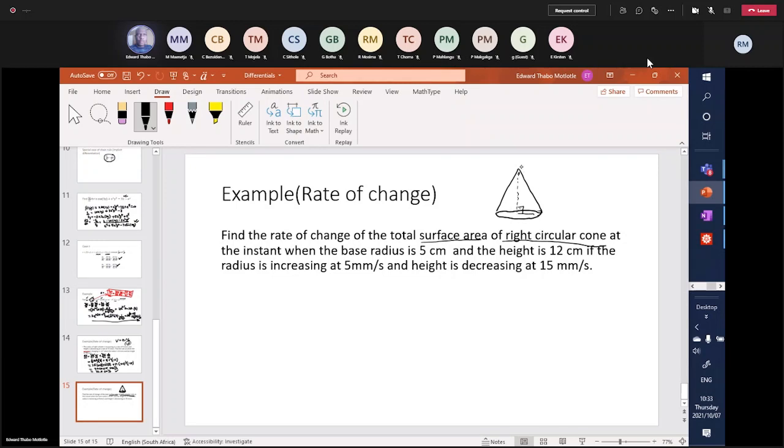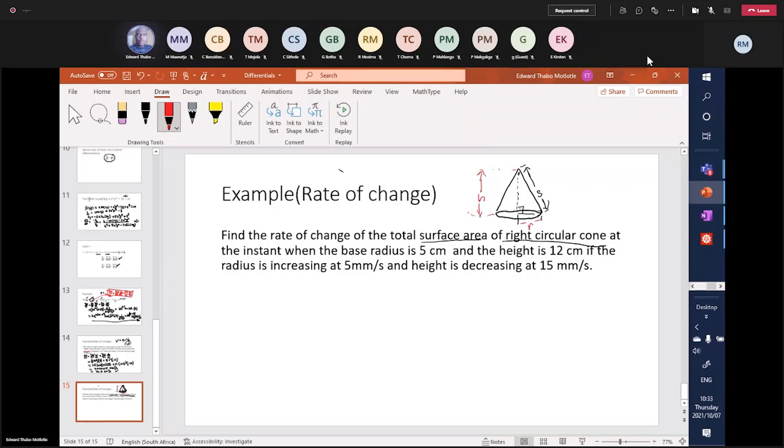Here we can call this guy S. From this point to this point will be our radius R, and from this point to that point we have the height H.